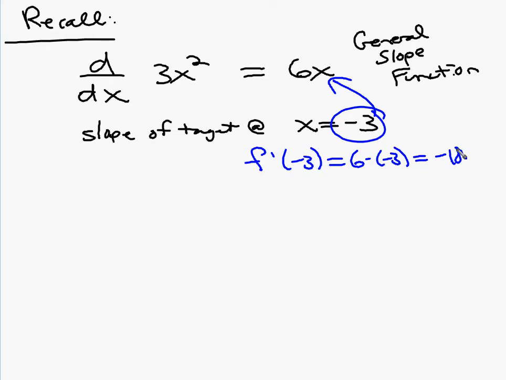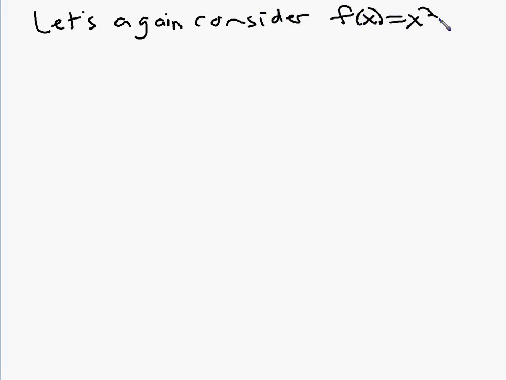All right? But if you remember, let's go backwards. If you remember in your notes, do you remember the very first long area problem we did? Let's again consider our old friend f of x equals x squared.